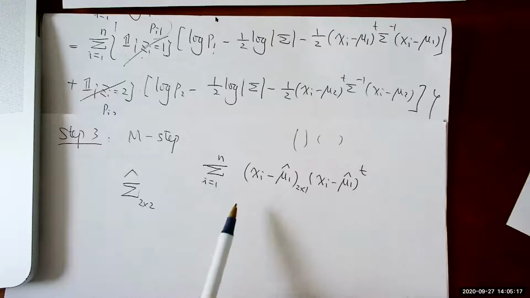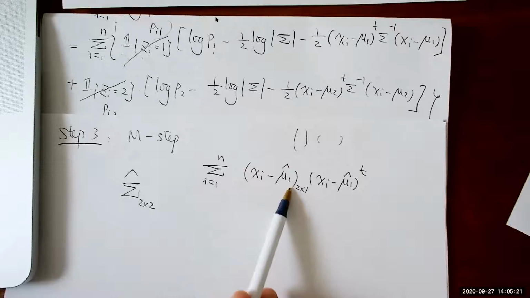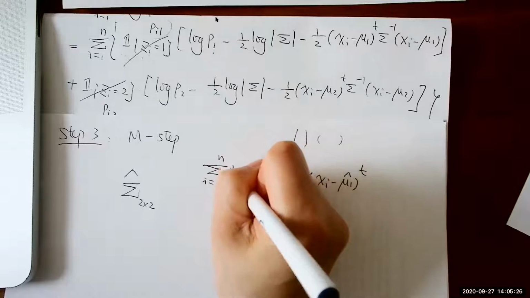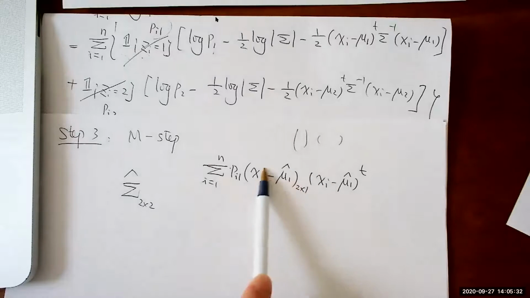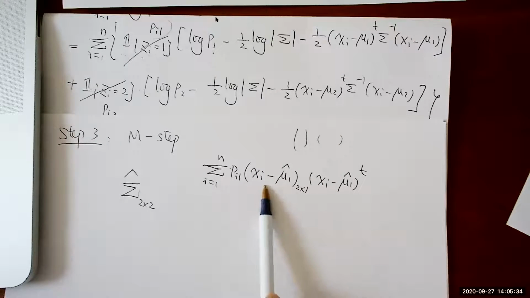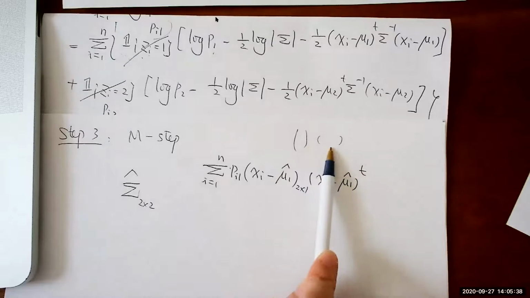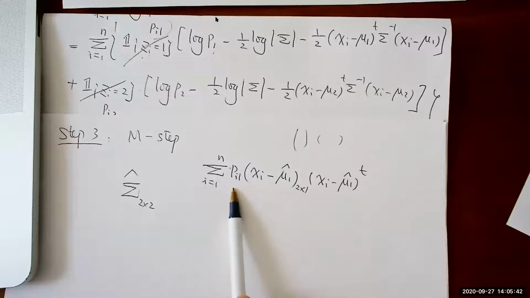But in this case, for every observation, there's a probability you're in the first component. So we have to add the weight here, pi1. When we compute the covariance matrix, we look at how far you are from the mean, get a column vector times its transpose, which gives a 2 by 2 matrix. Now I weight by your probability from cluster 1.